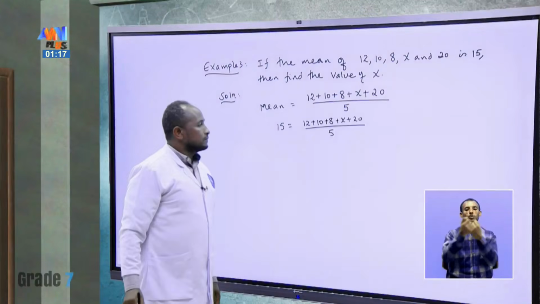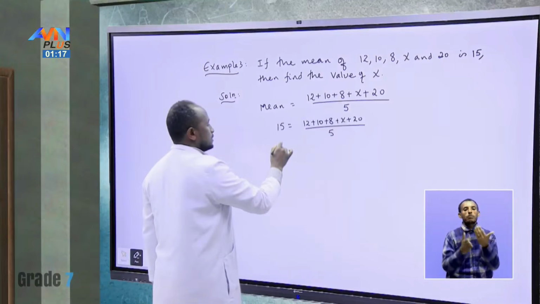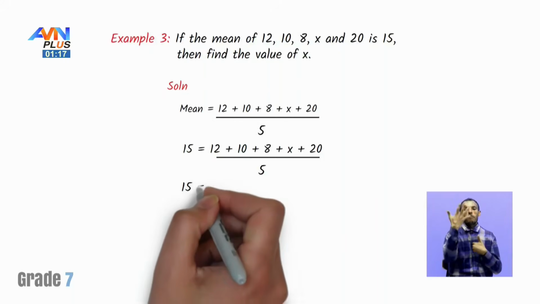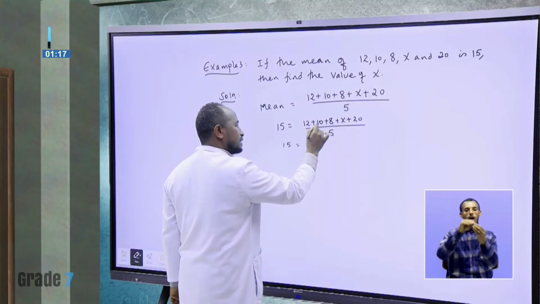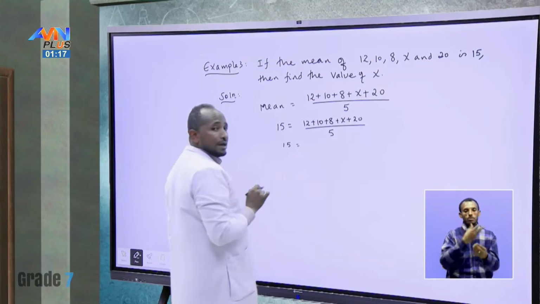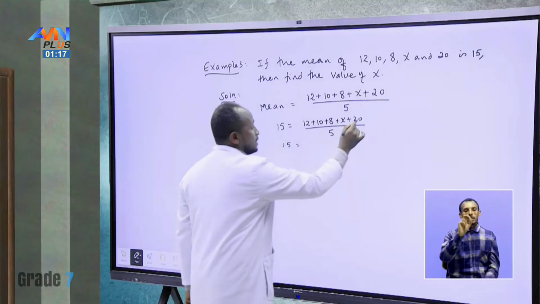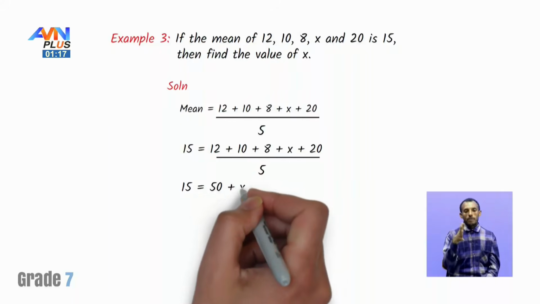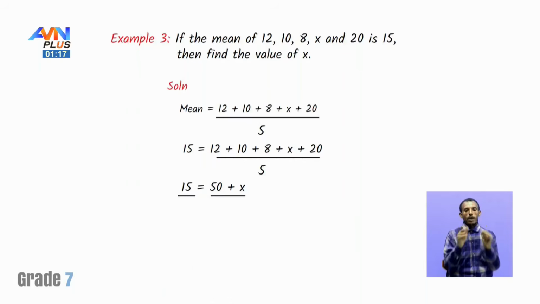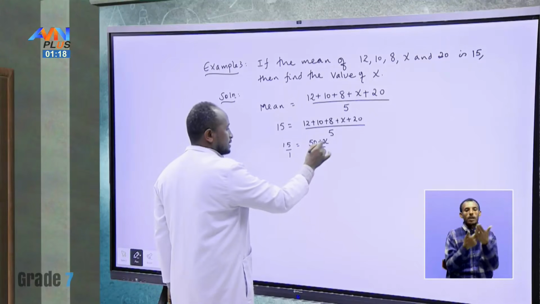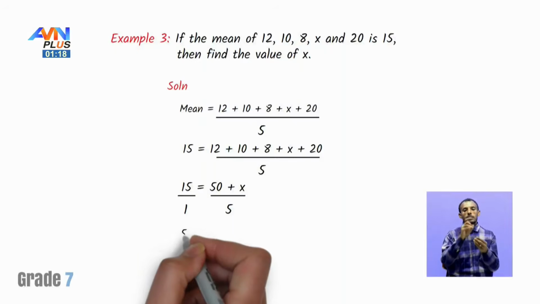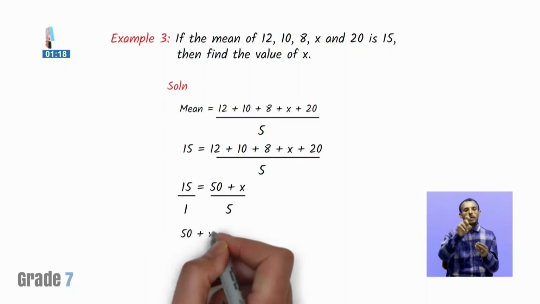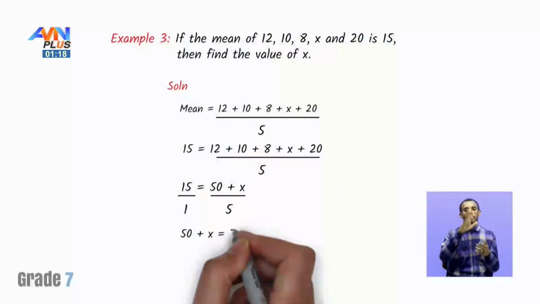To solve this, first let's simplify. So here you have 15 is equal to, let's add this, 12 plus 10 is 22, 22 plus 8 is 30, 30 and 20 is 50. Therefore, you have 50 plus x divided by 5. To find the value of x, you apply cross multiplication. 50 plus x, and 5 times 15 is 75.